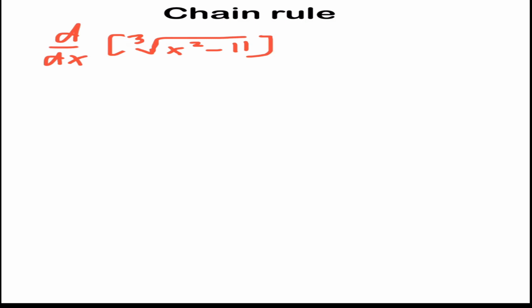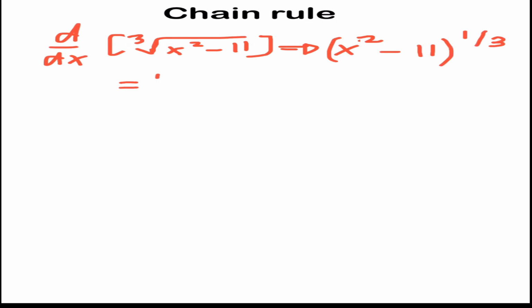Next, we have the derivative of the cube root of x squared minus 11. So we can write this in this way: x squared minus 11 raised to 1/3. So bring down 1/3 to this part.